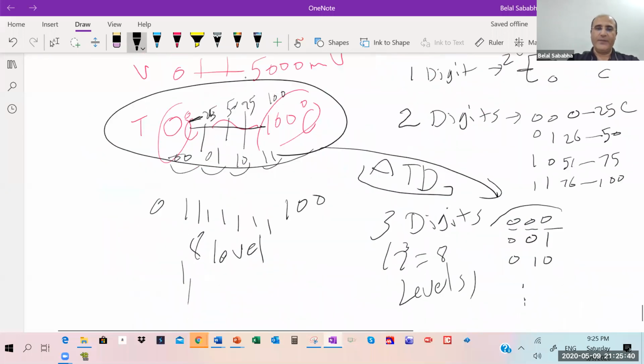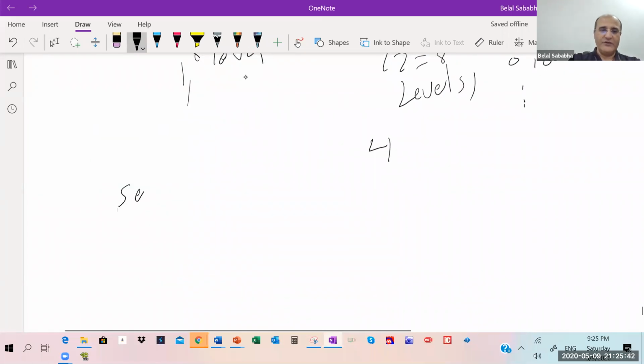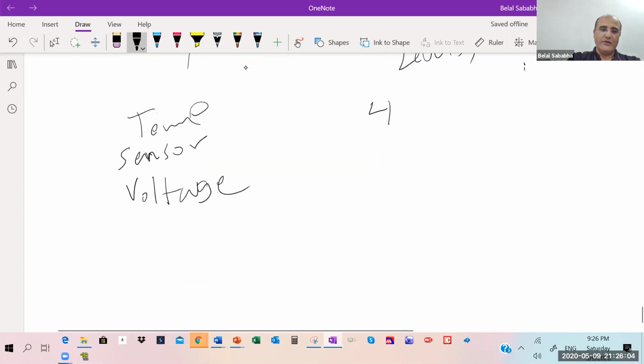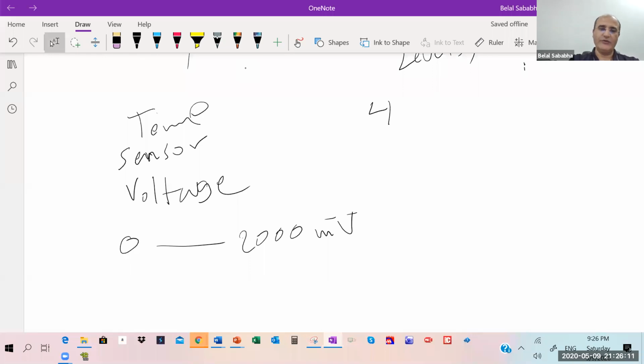If I say I have a temperature sensor that gives me a voltage between 0 and 2000 millivolts, meaning 2 volts, this is the output Vout.